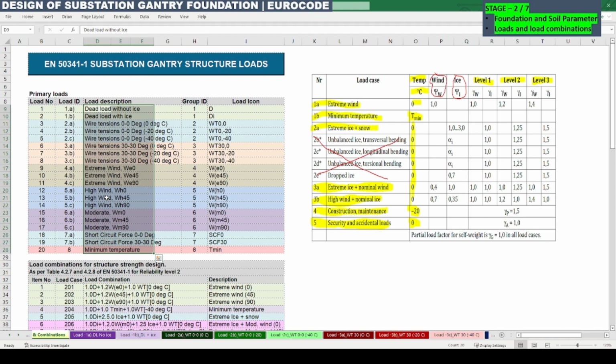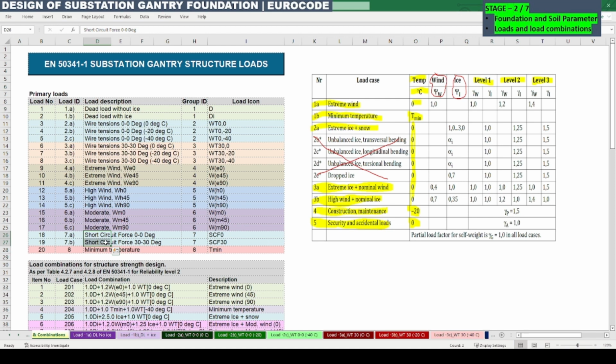In the European standard, the short circuit force should not be considered for foundation design because it is a very short term load, maybe 1 second or 3 seconds. This 1 or 3 second load will not transfer to the foundation. It is research done by the European standard norms. So it is specified that there is no need to consider the short circuit force, mainly for the gantry structure.